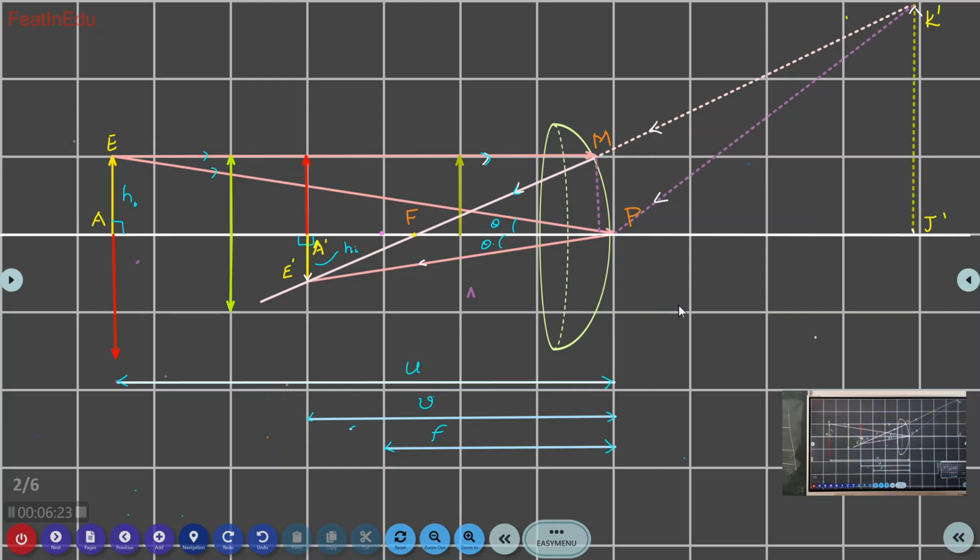Can you find some other physical quantity which is varying? Yes, I can hear you telling me the size is varying.